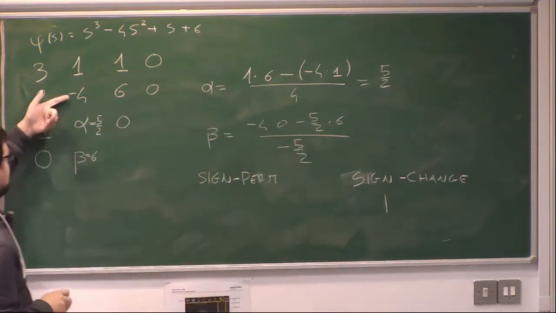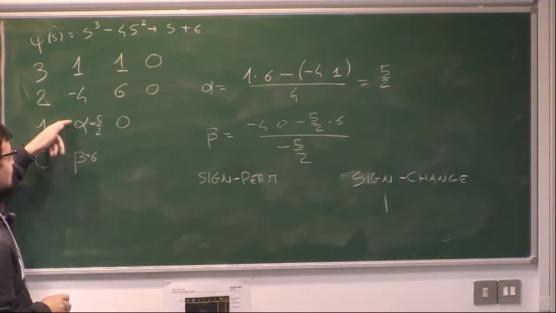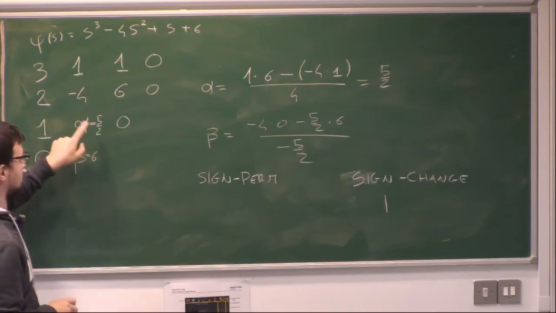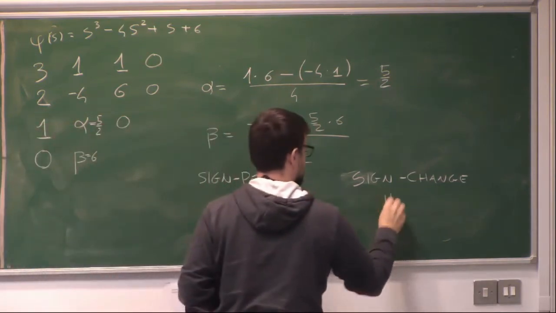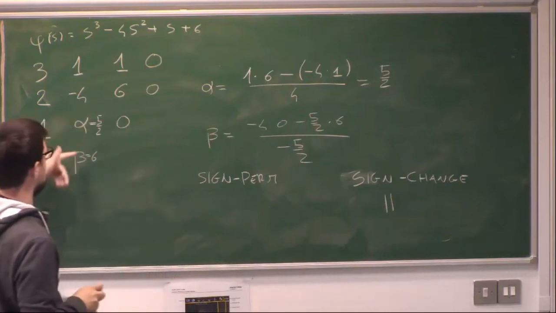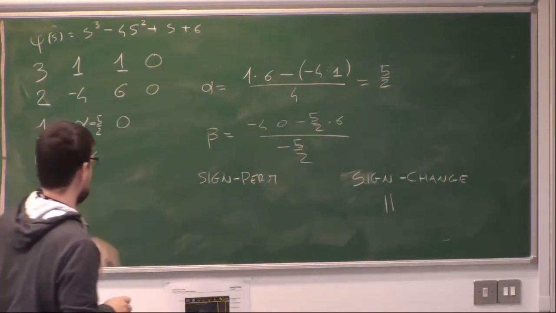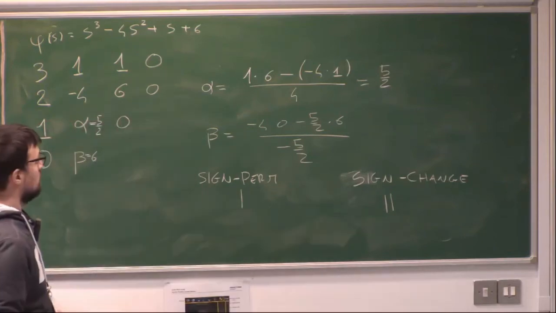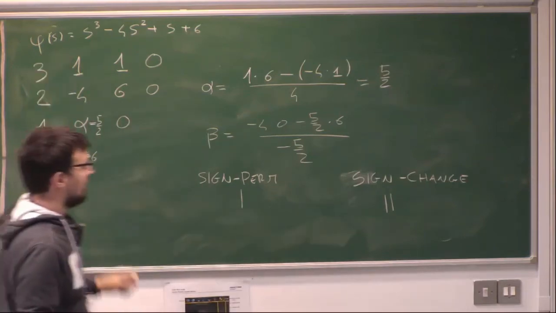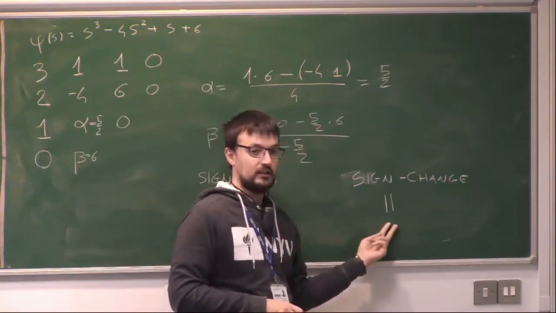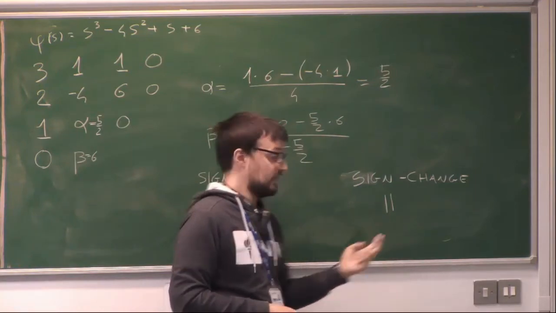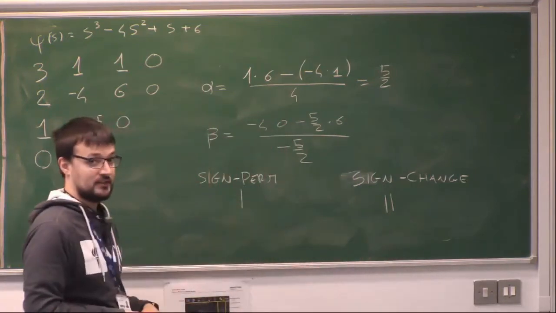When we go from this line to this line, there is a sign change because this is negative and this is positive, so we count 1. And when we go from this line to this line, there is no sign change because this is positive and this is positive, and so here we count 1. So this implies that this polynomial has 2 roots in the right-hand side of the plane and 1 root in the left-hand side of the plane.